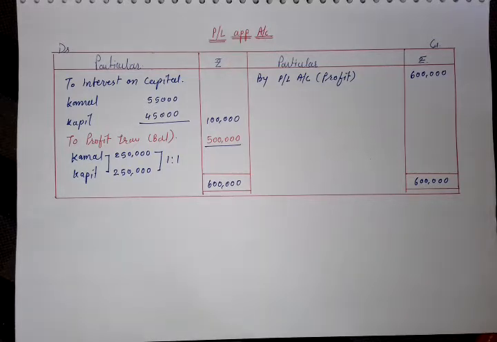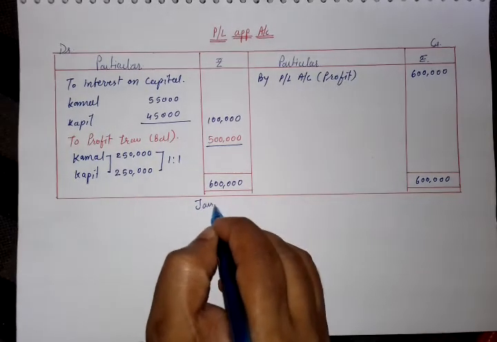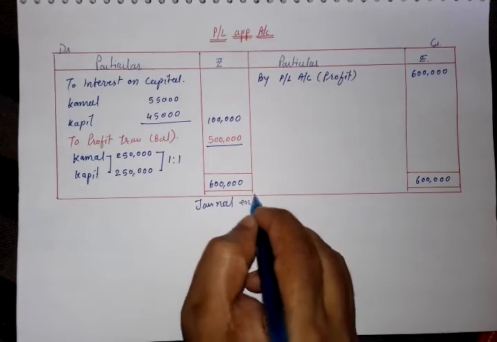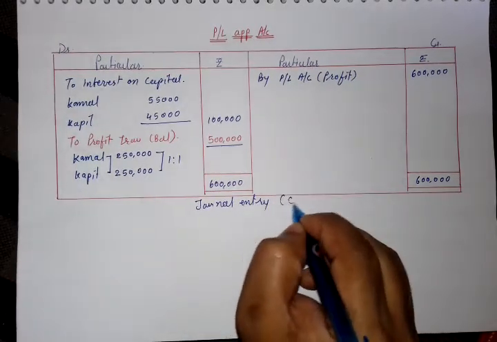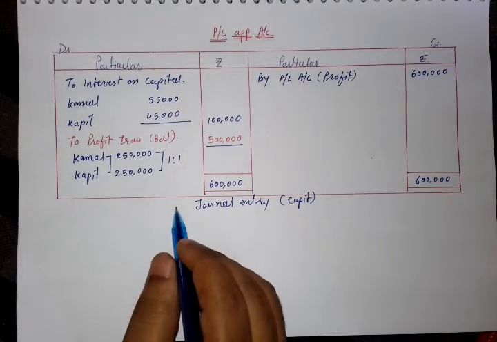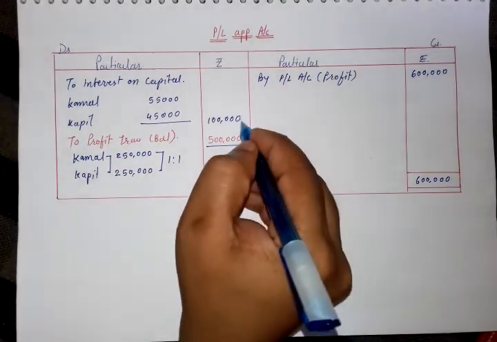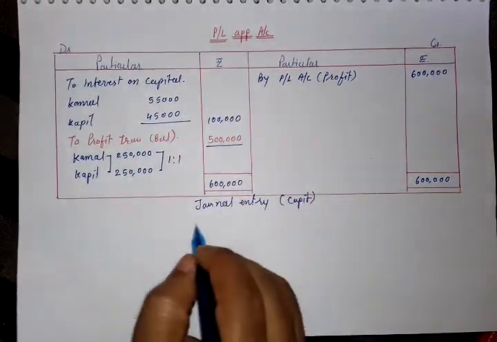Now the remaining thing is the journal entry. Journal entry for interest on capital, you can say IOC. See, profit and loss account debit 1 lakh rupees. Why so? Just because of Kamal and Kapil.